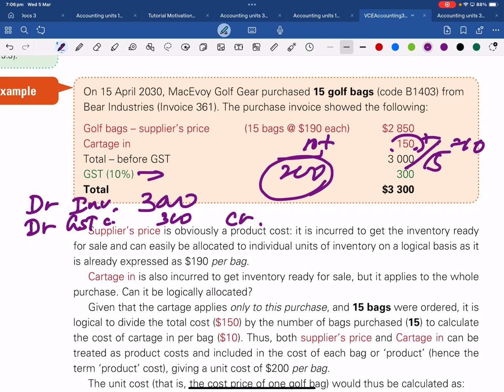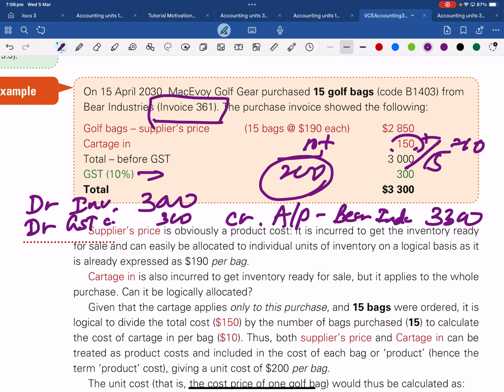How do we know it is paid or not? This is not paid, it's accounts payable. How do you know? Invoice. Yes, look at the source document. So you credit the accounts payable, Bear Industry, 3300. Okay, now that's the double entry, guys.